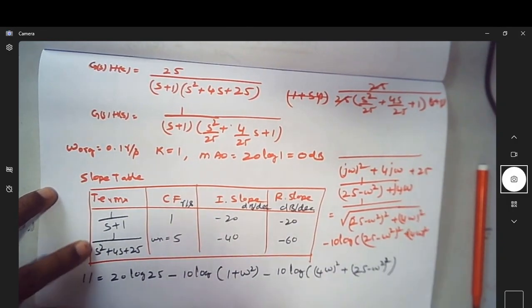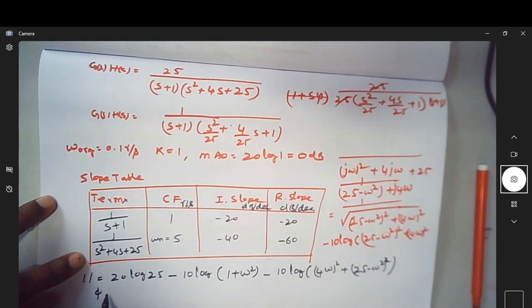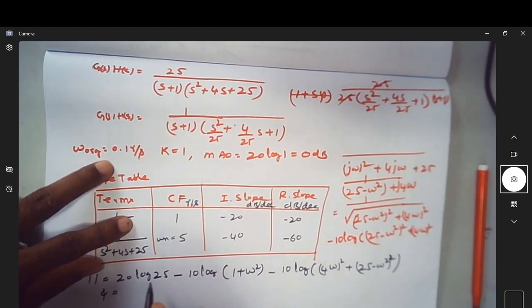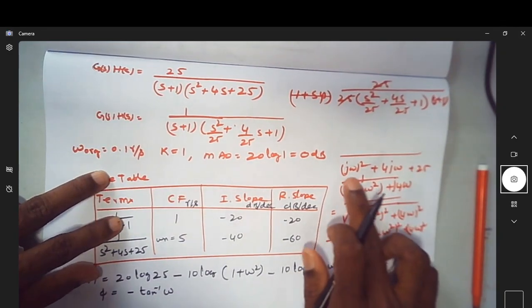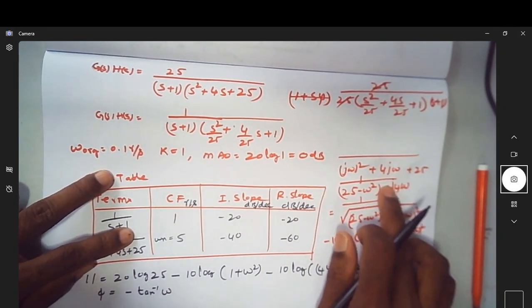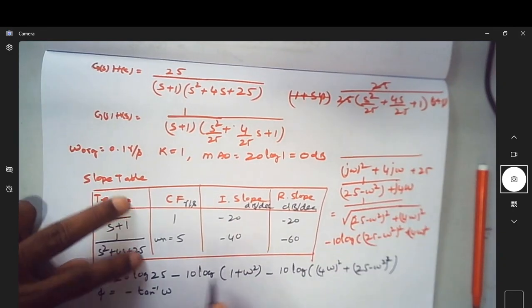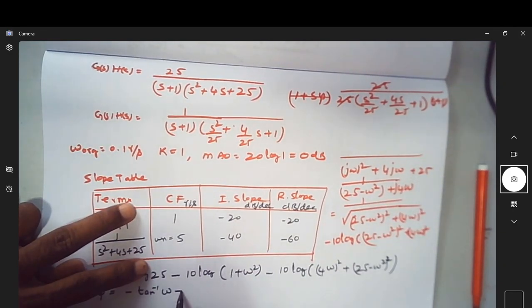If you carefully observe, the phase equation has got two equations. It is minus tan inverse, and you can see here these are the two terms, the real part and the imaginary part. So the angle becomes minus tan inverse of imaginary by real, so imaginary is 4 omega, real part is 25 minus omega square.